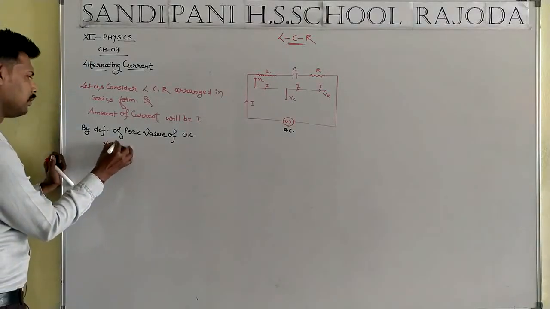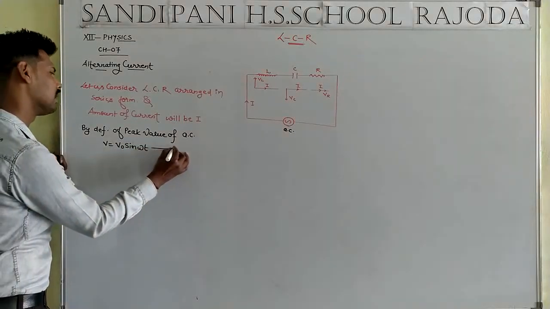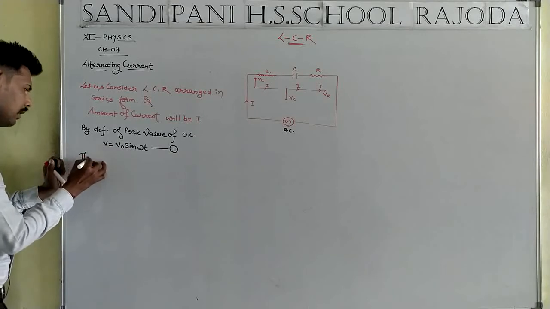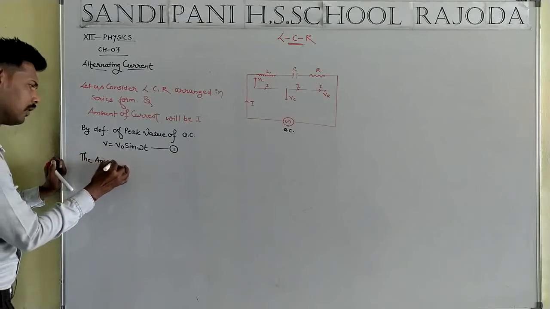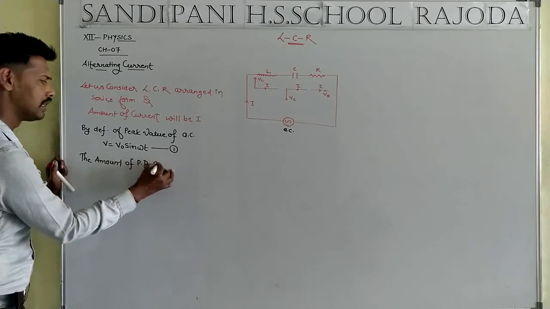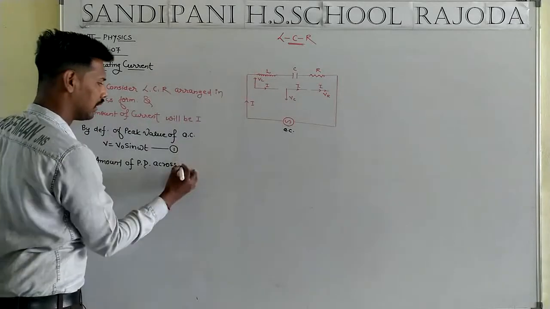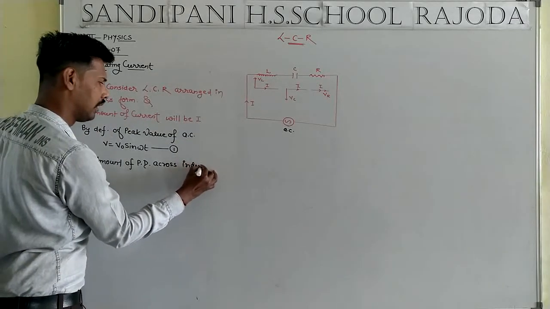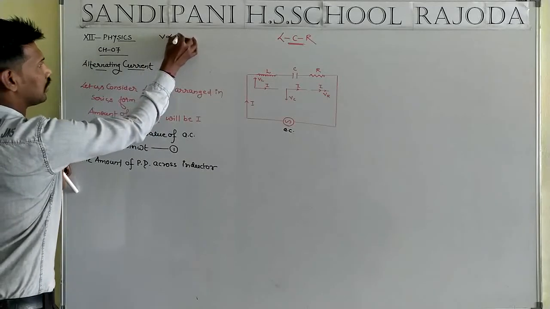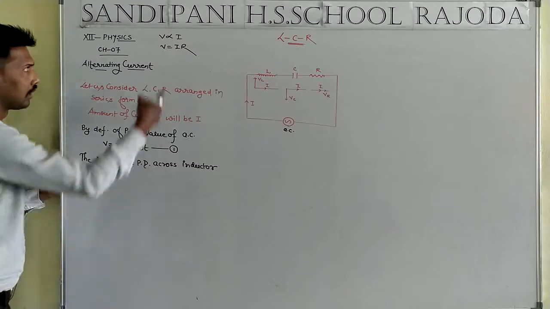That means V will be equal of V naught sin omega t. इक्वेशन नंबर फर्स्ट, ध्यान से देखिएगा। The amount of potential difference across इंडक्टर। सबसे पहले हम क्या ले रहे हैं? इंडक्टर। V is directly proportional to I, that means V will be equal of IR.